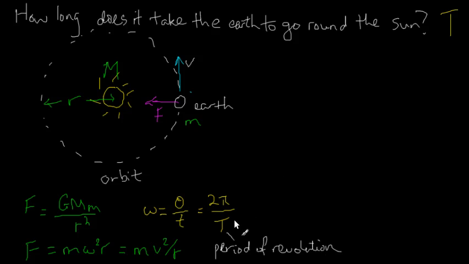Right. So now we should have enough equations to relate everything that we need to find. So let me now try to combine these equations to obtain a formula for this time.